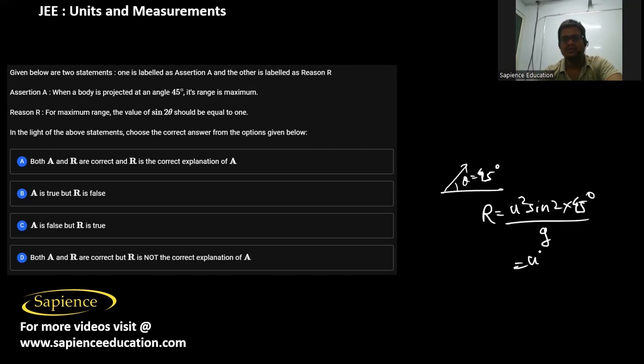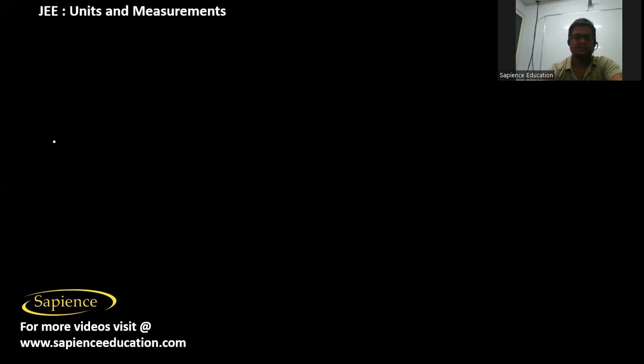So that will come u square by g, since sine 90 is equal to 1. Then the reason is for maximum range, the value of sine 2 theta should be equal to 1. Yeah, so it is true. So both A and R are correct, and R is the correct explanation of A. Option A is the correct answer.